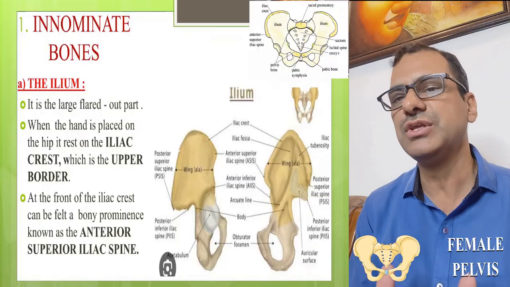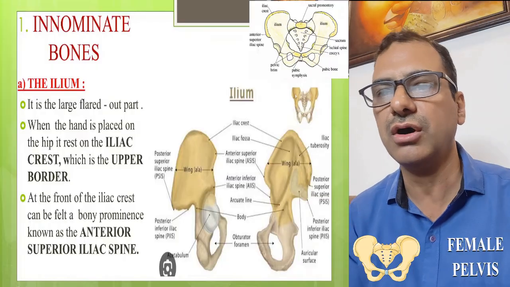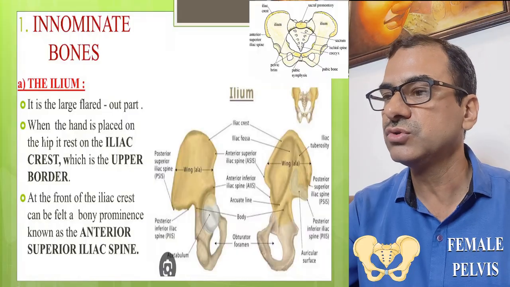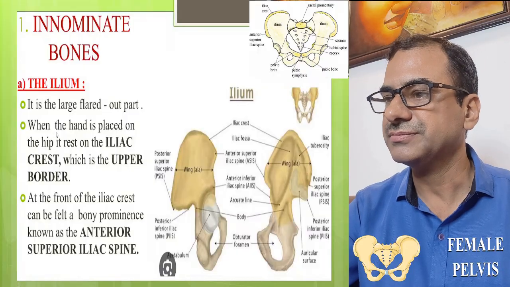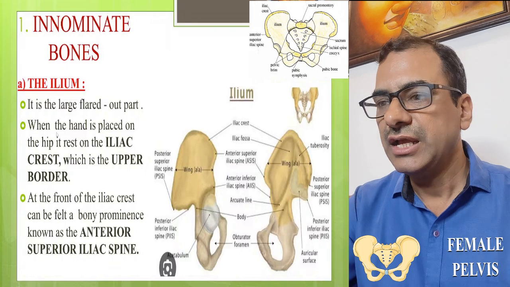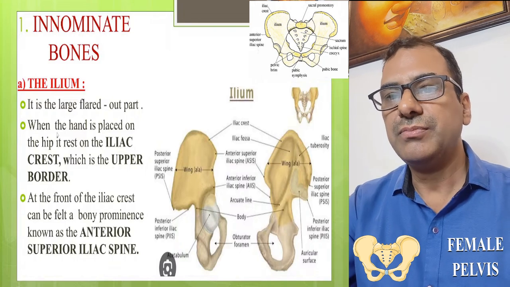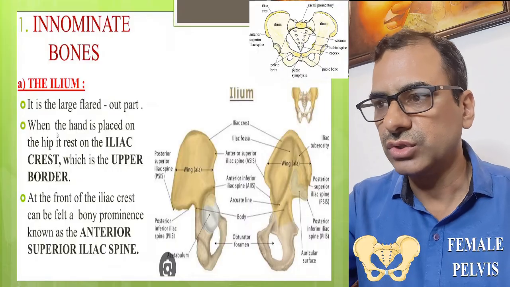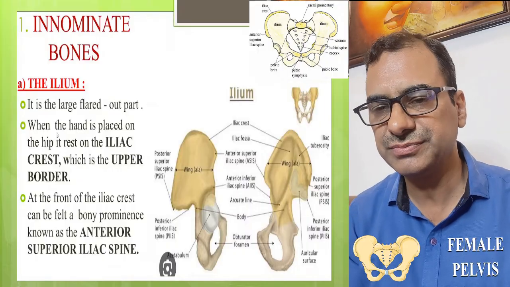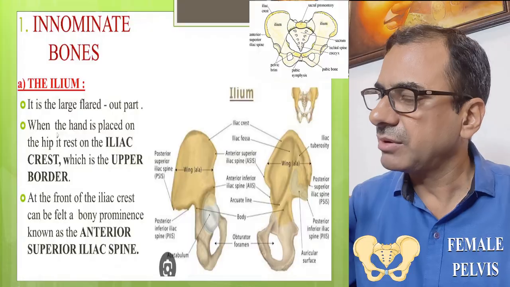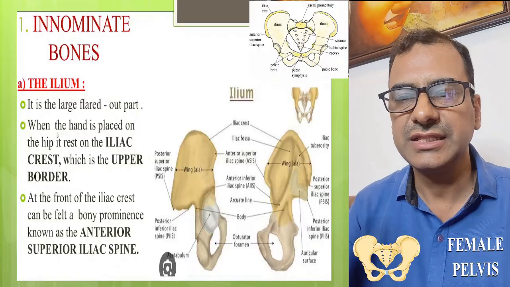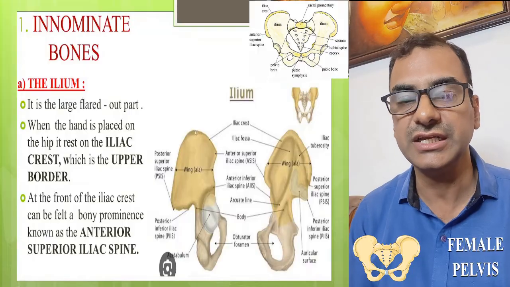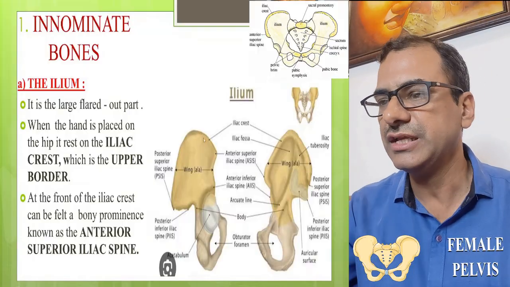First is ilium. Ilium is the large flared out part. So here this is the flared out part. So this is ilium. When we place our hand on the hip bone or hip joint, the upper part which we feel is known as the iliac crest, or we can say the iliac crest is the upper border of the ilium.